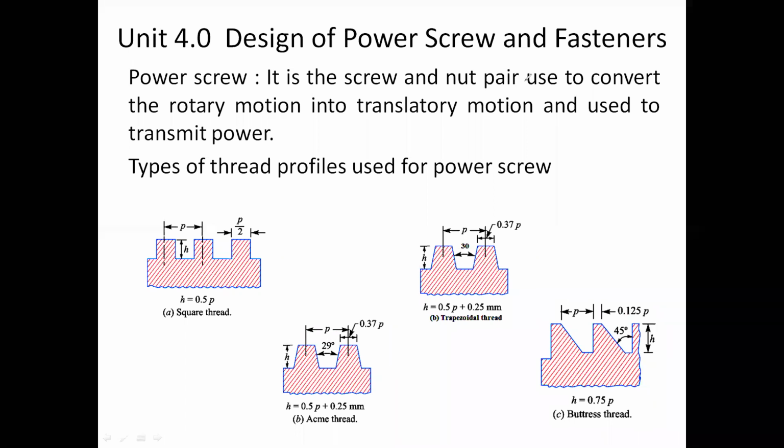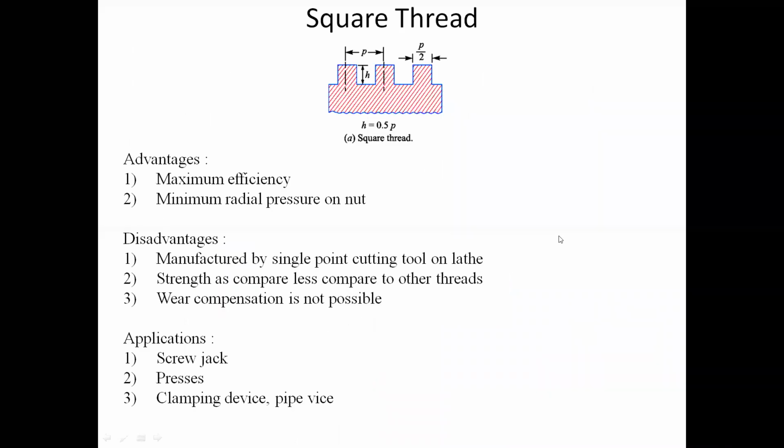I will clear whatever I have written here, and we'll go to the next slide. Let us start with the square thread. As we just discussed, square thread has an including angle of 90 degrees. So whatever load is coming on it is directly taken by the flat square profile.